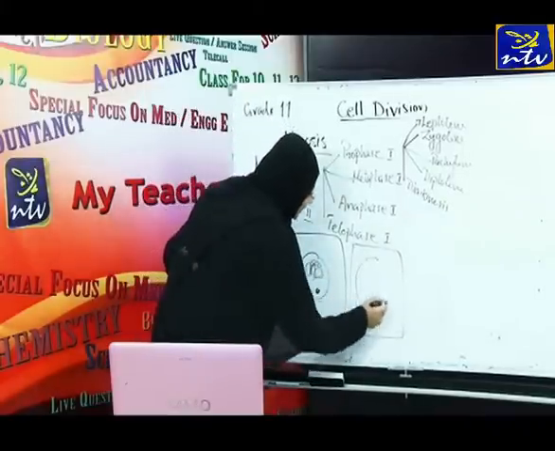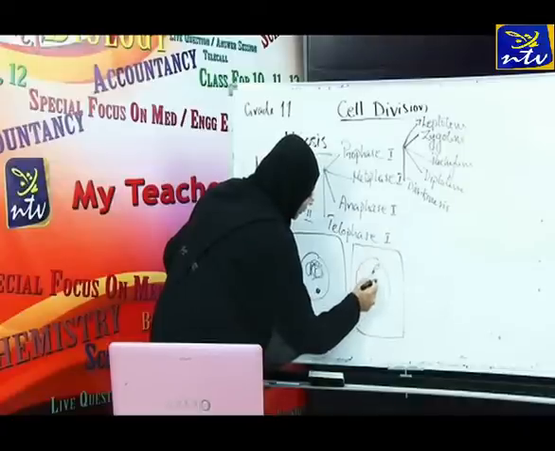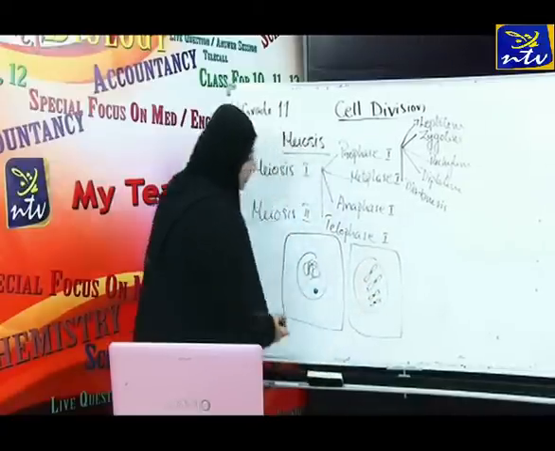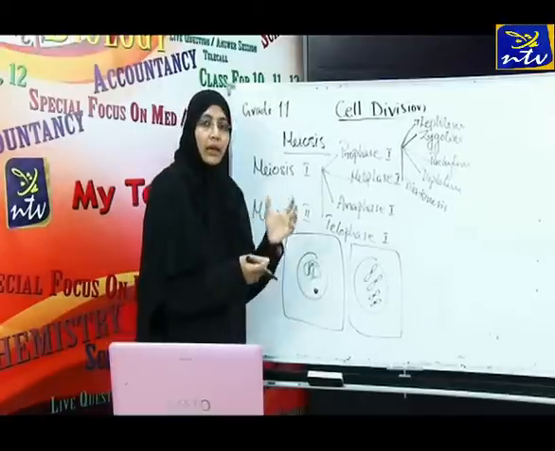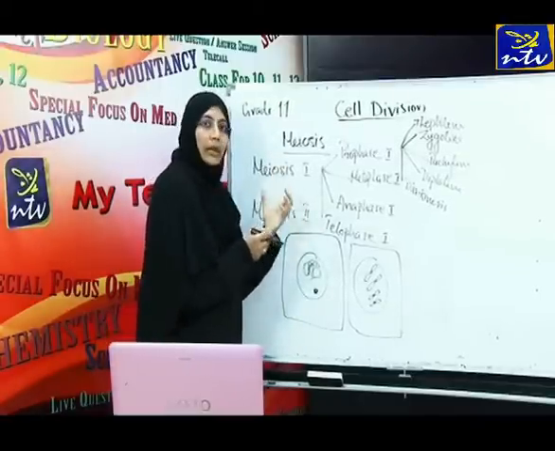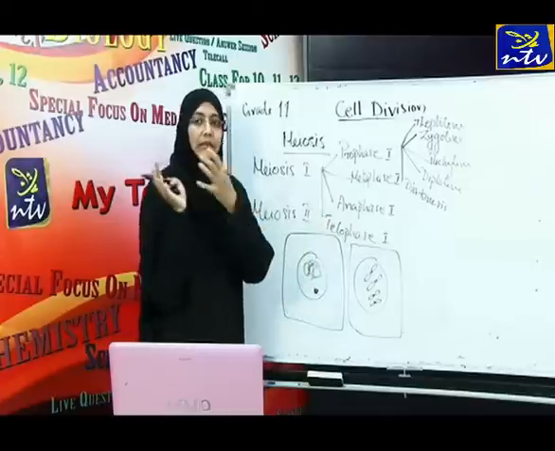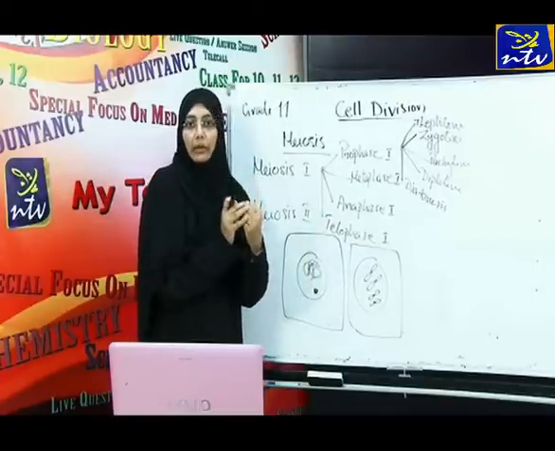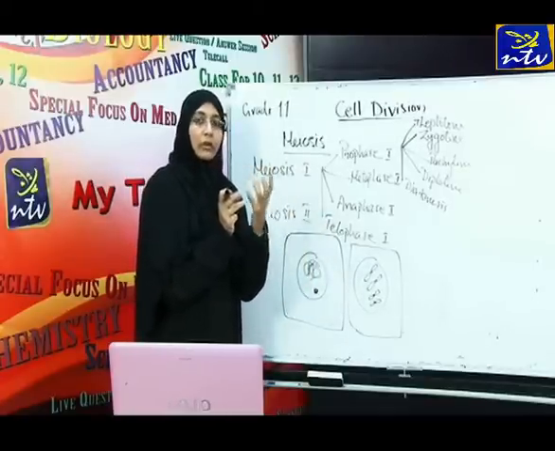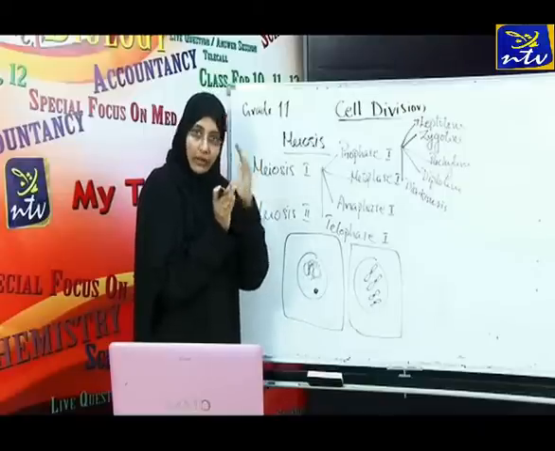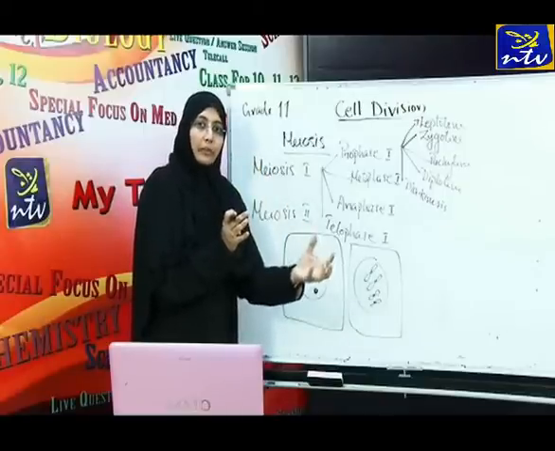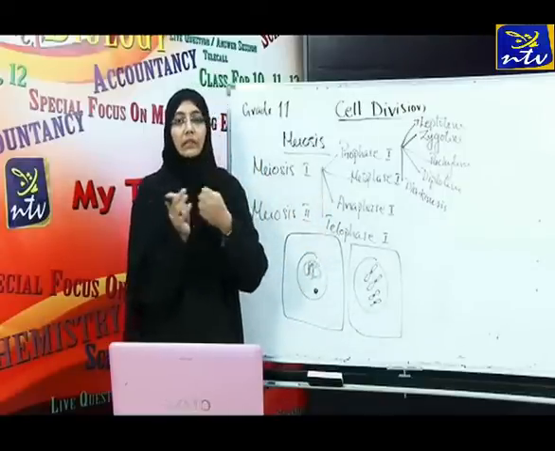When the chromatin material condenses, it attains the shape of a chromosome. When these chromosomes are formed, there is a set of chromosomes which we obtained from our father and a set obtained from our mother, so a zygote has a pair of chromosomes. One set is from the mother and one set is from the father.